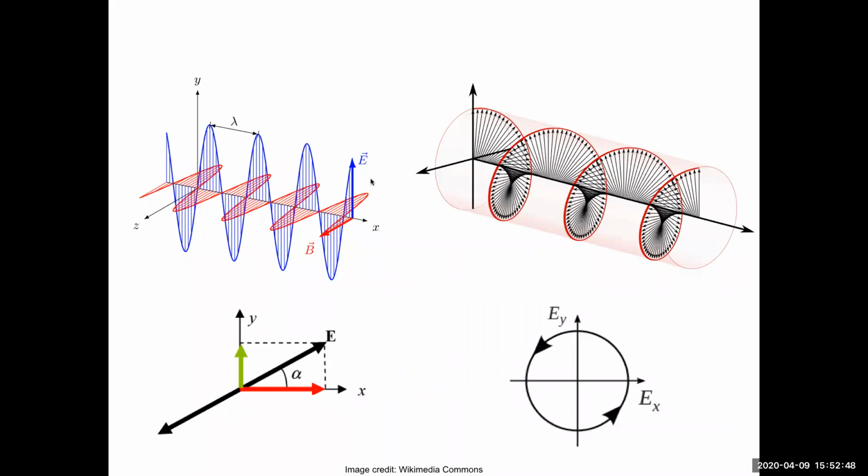The classic one is linear polarization, where you can define any electromagnetic wave as a combination of one that is oscillating along your vertical axis and one that is oscillating across your horizontal axis. Any combination of those two states can be used to describe any electromagnetic wave. So any wave is a superposition of those two components.